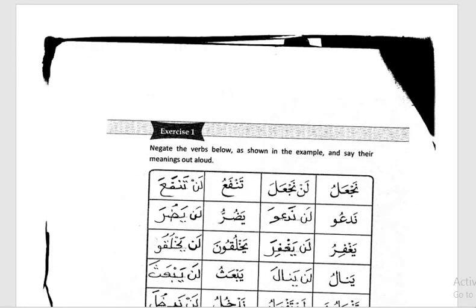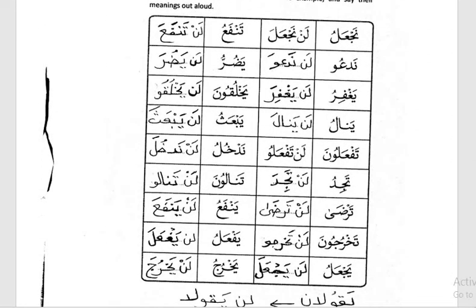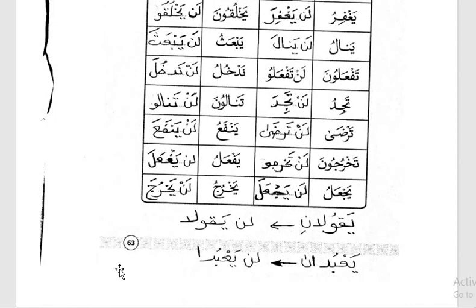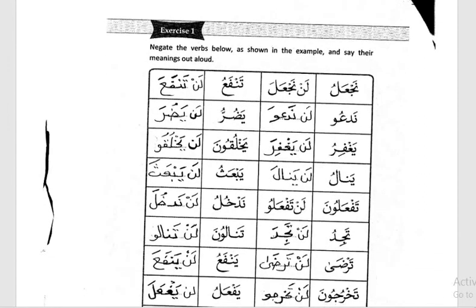Now we're done with the explanation of page 62. Inshallah, we're gonna now do the exercise on page 63. Open your books on page 63. I have also posted the answers as I told you in the live session. This is page 63. Let's do it.